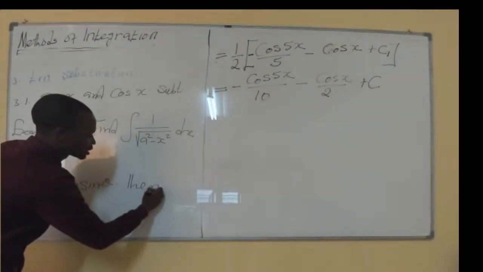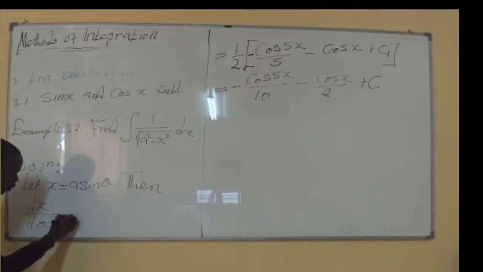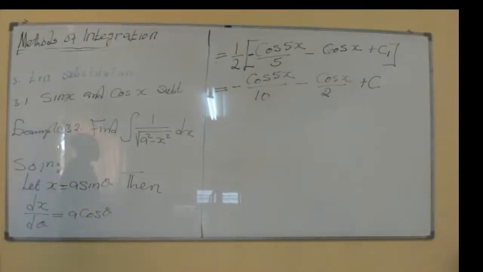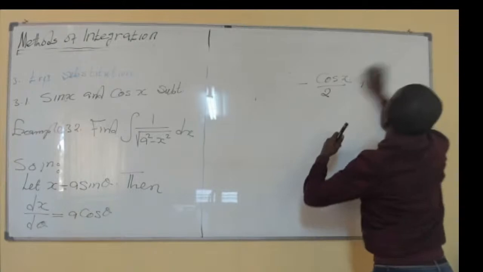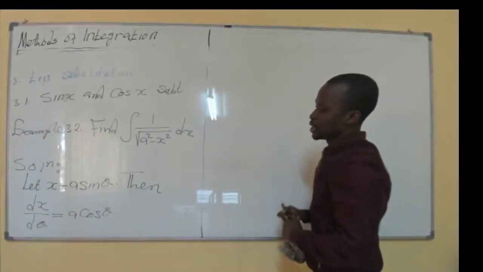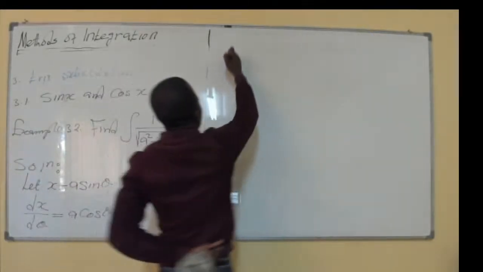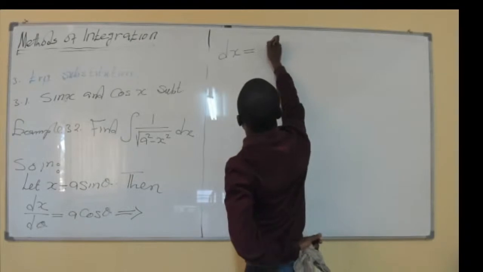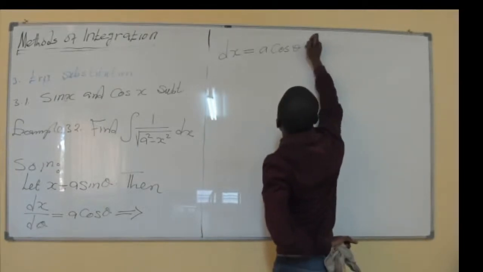Then, if this is the case, the derivative of x with respect to theta will be equal to a times the cosine of theta, which implies dx is equal to a cosine of theta d theta.